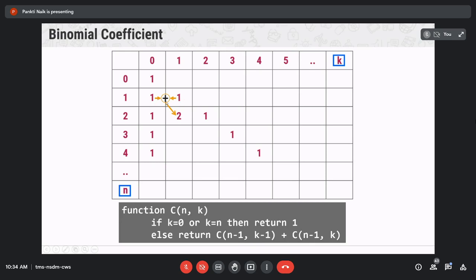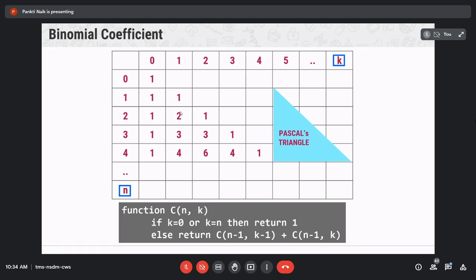Add these two values and you will get the value for C(2, 1). Did you understand how the value of C(2, 1) came? Yes, right? Likewise, find all the values for the given value of n and k.